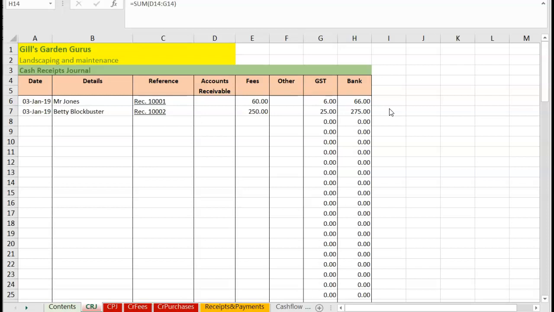So the rule of thumb is that any fees that we charge, we have to add 10% onto it for the government. So this is essentially a tax which we've got to pay to the government at some stage. So we don't bank the 60, we bank the 60 plus the $6 for the government equals $66. So that's how our cash receipts journal works.